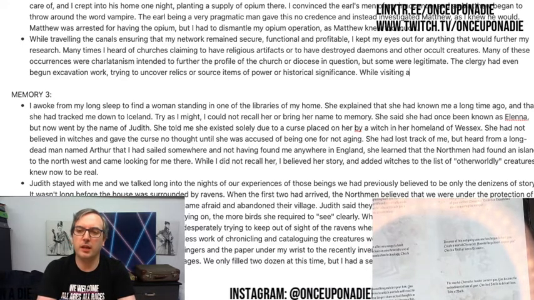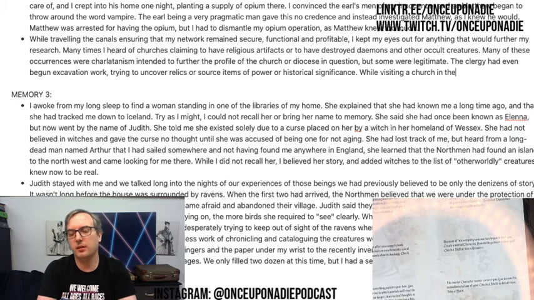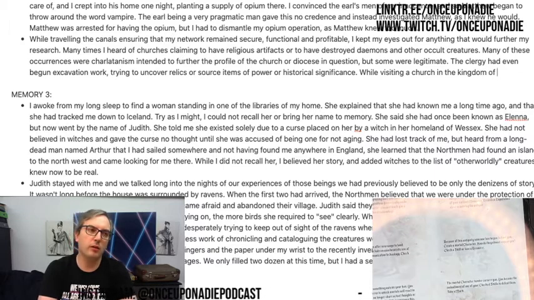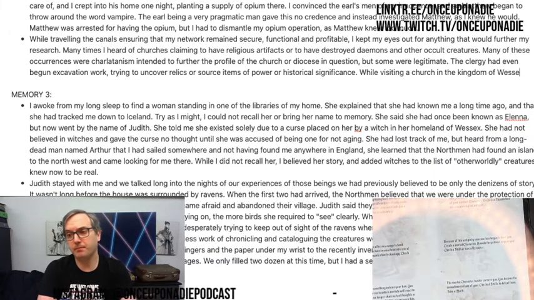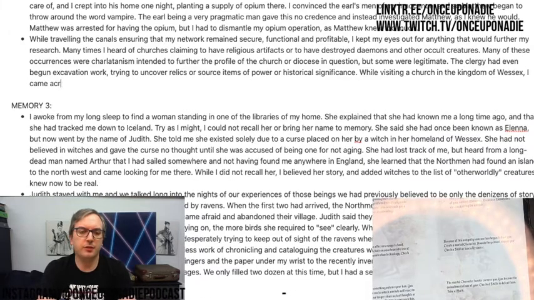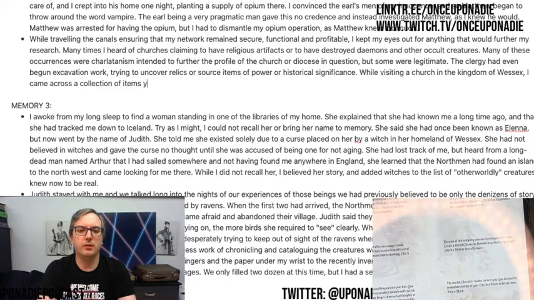While visiting a church in the kingdom of, let's say we're back in Wessex, I came across a collection of items yet to be identified.